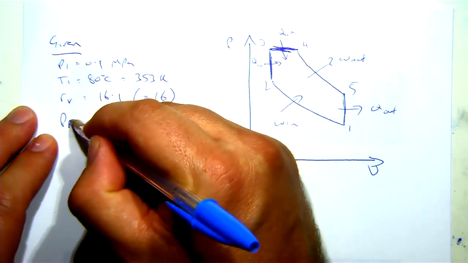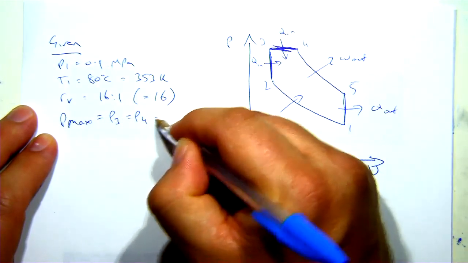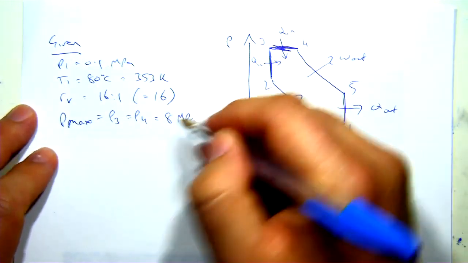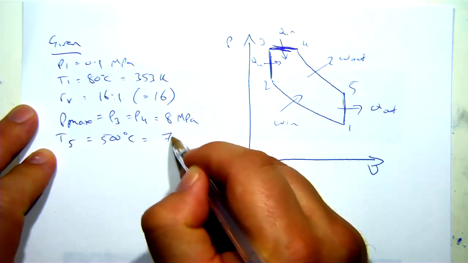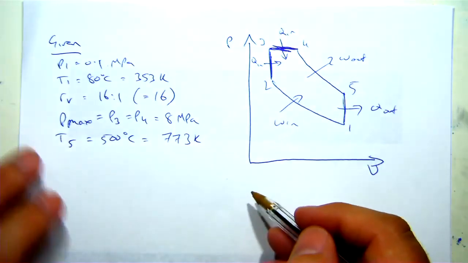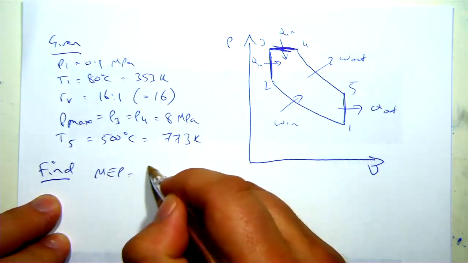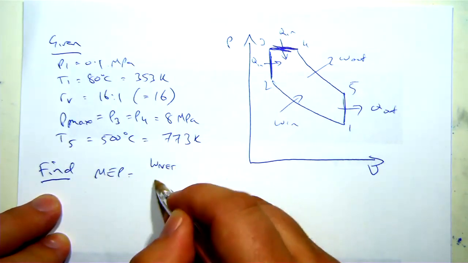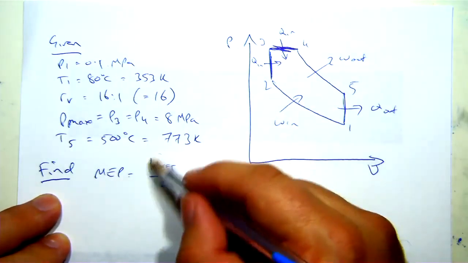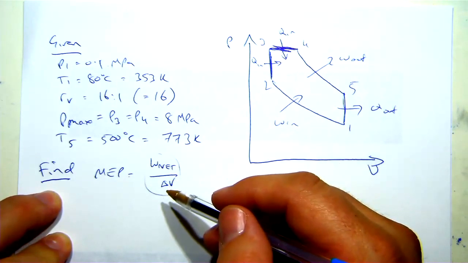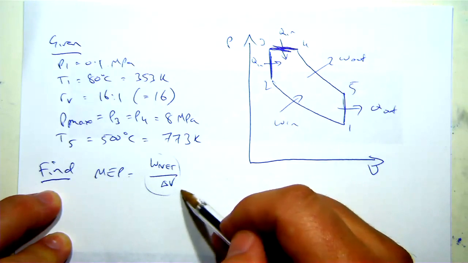Given Pmax equals P3 equals P4 equals 8 megapascals, and T5 equals 500 degrees C equals 773 Kelvin, find MEP, which equals net work. Remember, net work is also Q in minus Q out, over delta V. If this were done on a specific basis, this would be little w net and delta specific volume.